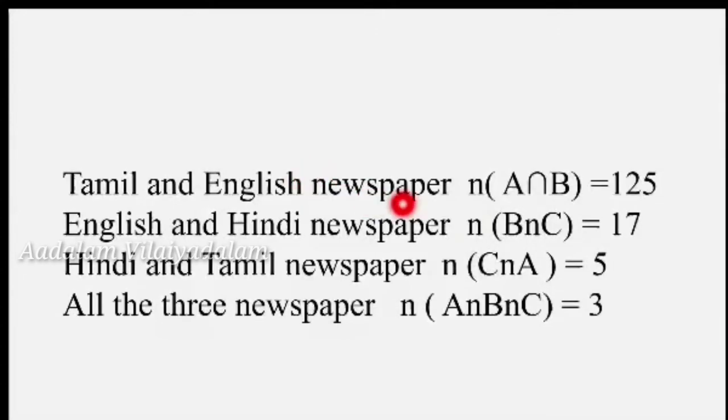Tamil and English newspaper, N of A intersection B equal to 125. The same way, English and Hindi newspapers are B intersection C equal to 17. Hindi and Tamil newspapers are C intersection A equal to 5, and all the three newspapers, N of A intersection B intersection C, equal to 3.